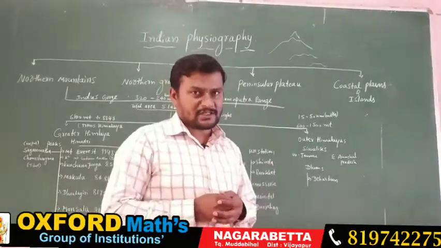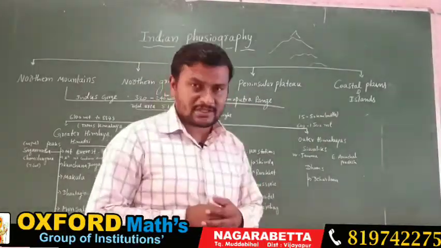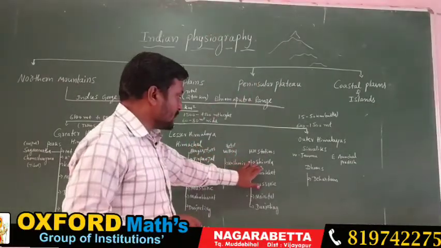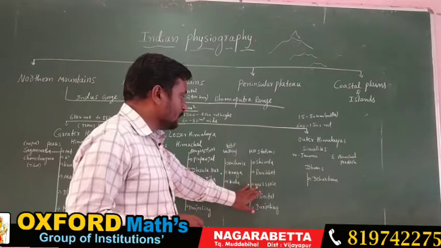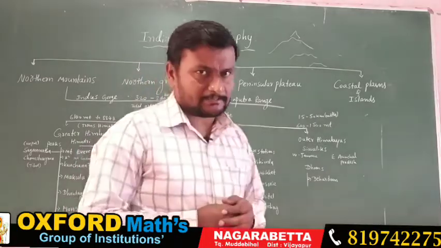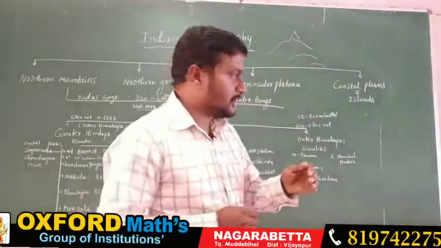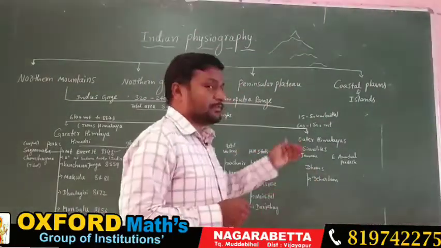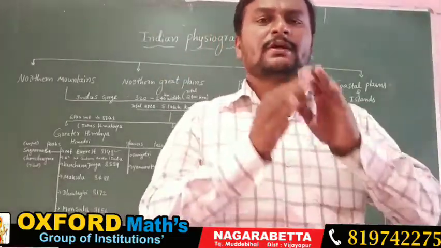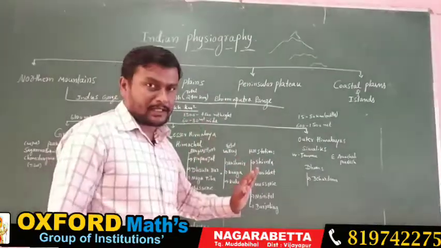The important hill stations you can see here in the Lesser Himalaya are Shimla, Ranikhet, Mussoorie, Nainital and Darjeeling. Most of the vegetation in the northern mountains you can see only in the Lesser Himalaya.